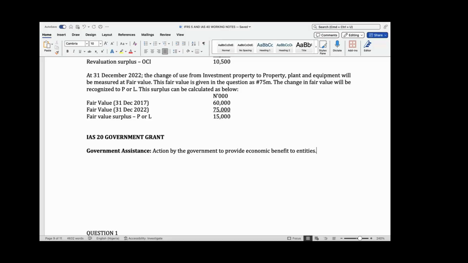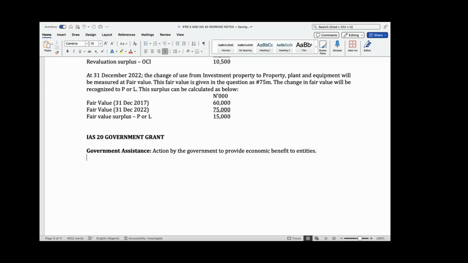In Lagos State, for example, there was a time where they had to reduce fare for those that want to commute using BRT. Or probably during the COVID period, or maybe the government decides to provide training for people. That is government assistance. There are a lot of it.